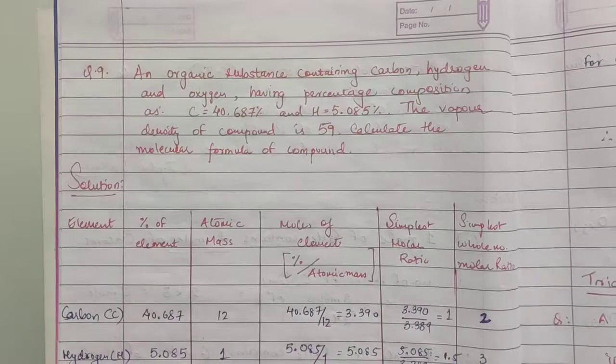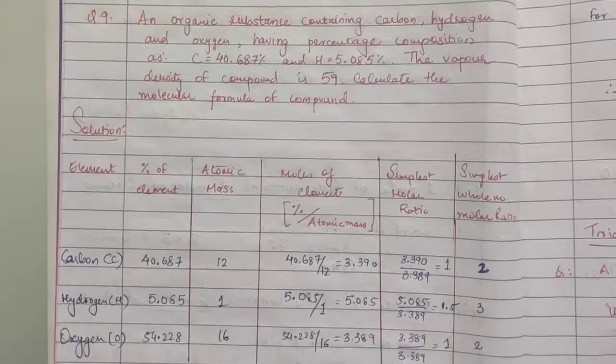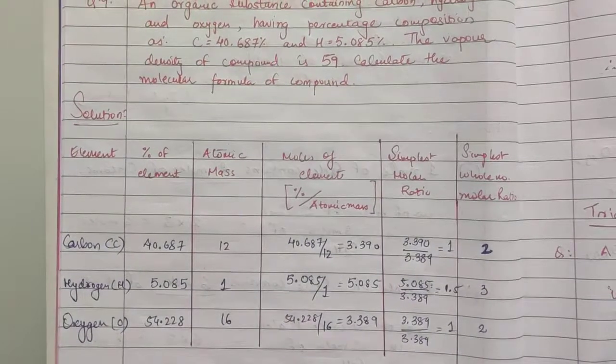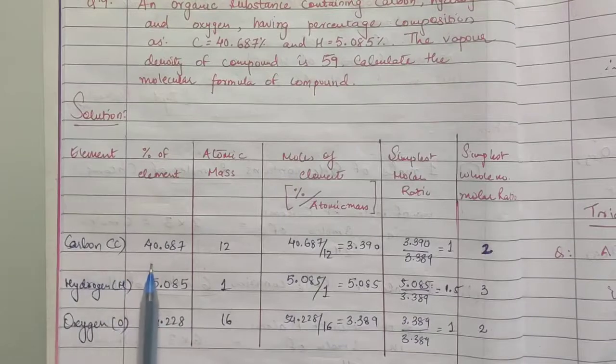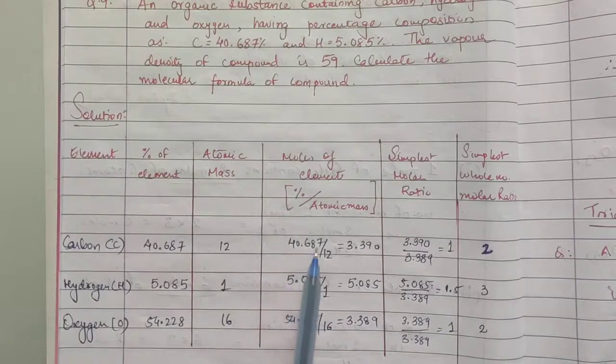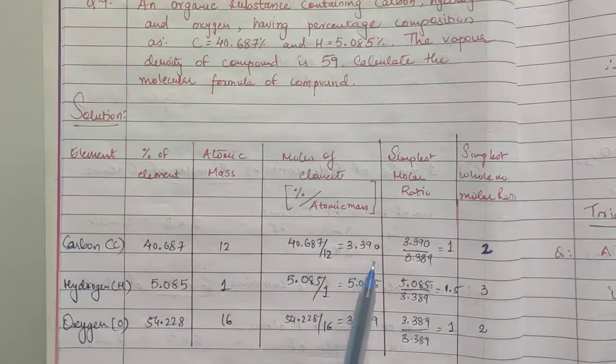First look at the entire table, students, and concentrate only on the first three rows. For carbon it is 40.687%, which is already given, and the atomic mass of carbon is 12. So the moles will be 40.687 divided by 12, which gives 3.390.